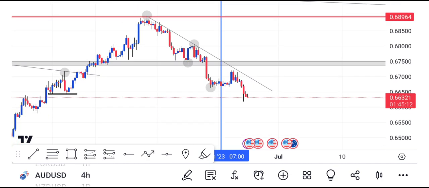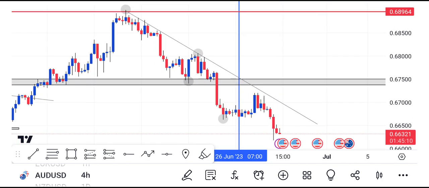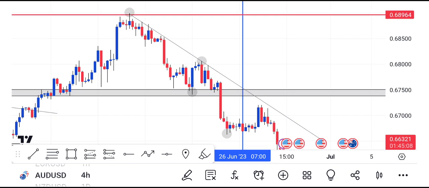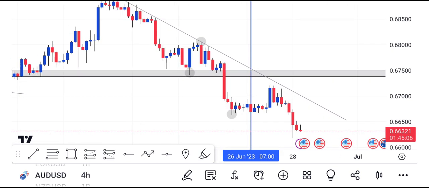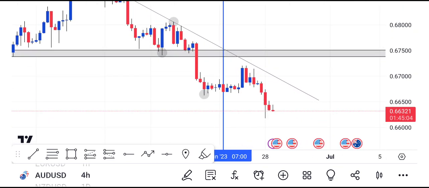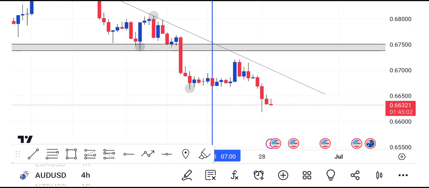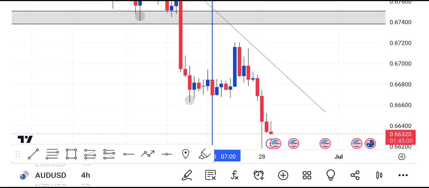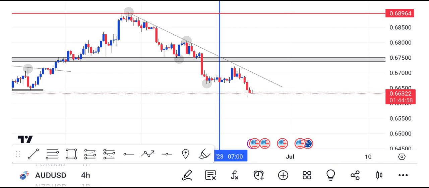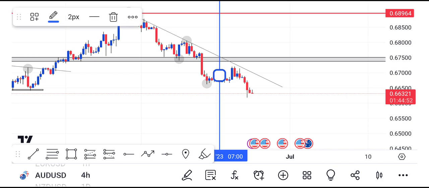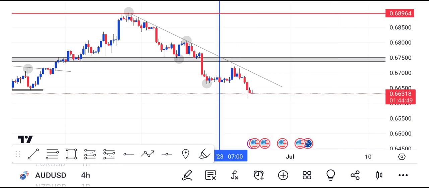So looking at this, we see something like this. Okay, so I wouldn't have entered this trade here because it's a pointless trade to enter. So let's say this whole move happens.